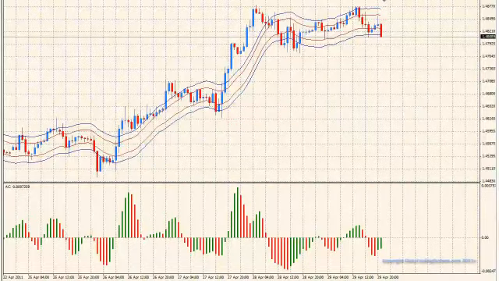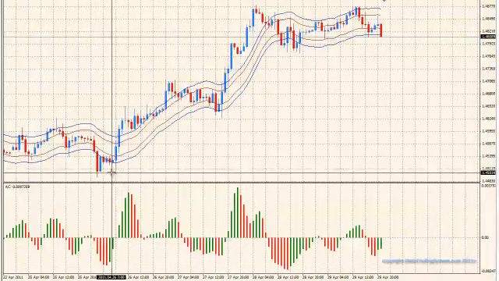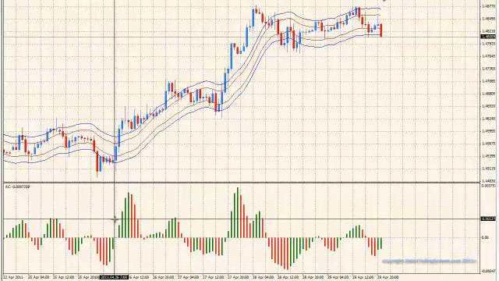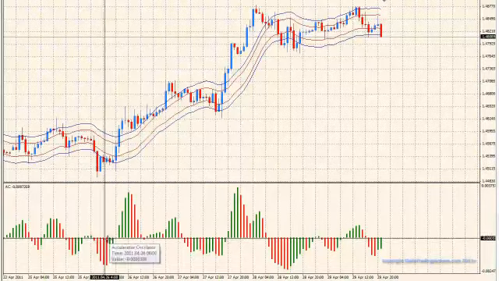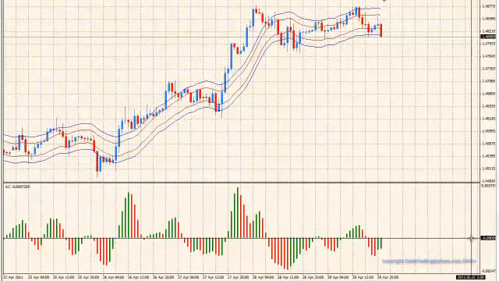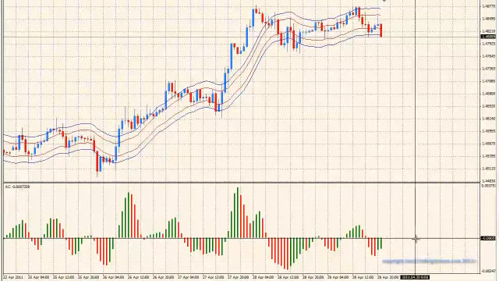When you see the close inside those two lower bands, the next thing to look at is where it lines up with the accelerator oscillator. This is the vertical scale, where the dashed line is.